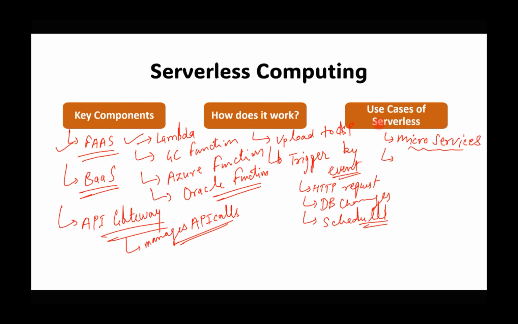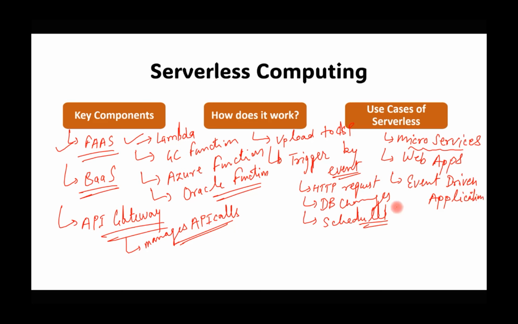So how do microservices help us? They help us build and scale individual services independently. Next, we can use serverless functions for web applications, as a backend for mobile and web applications. We can also use it for any event-driven application, because here the function will be triggered if any event occurs.